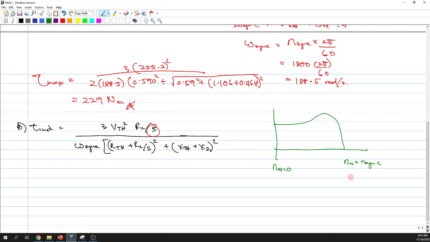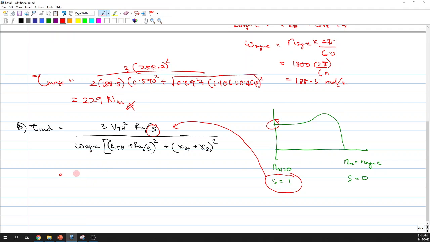So this is S equal to 0, and this one is S equal to 1. So this is the starting point, the starting torque. So at the starting torque, the S is equal to 1. So we just replace S into the equation and include all the parameters.